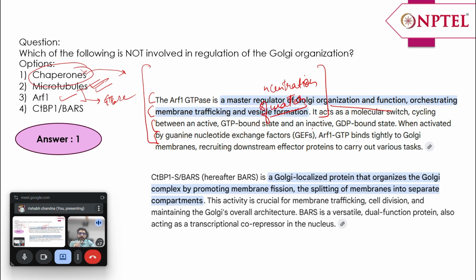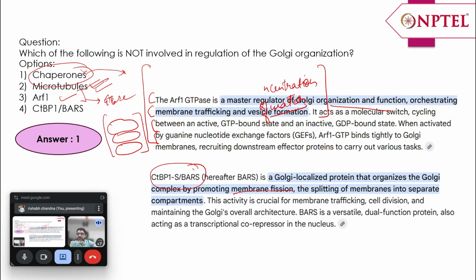CtBP1 or BARS is a Golgi localized protein, and along with ARF1, it helps in promoting the membrane fission so that this structure is formed into separate compartments.